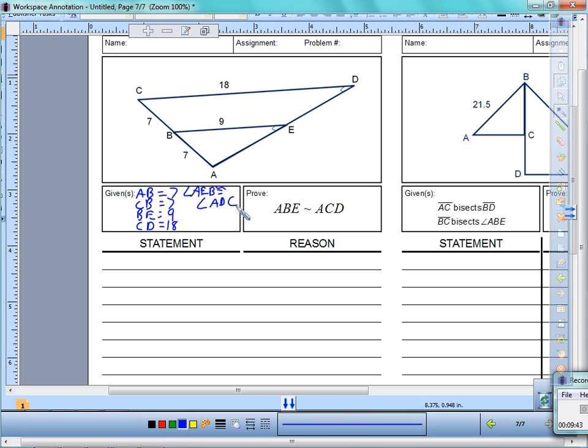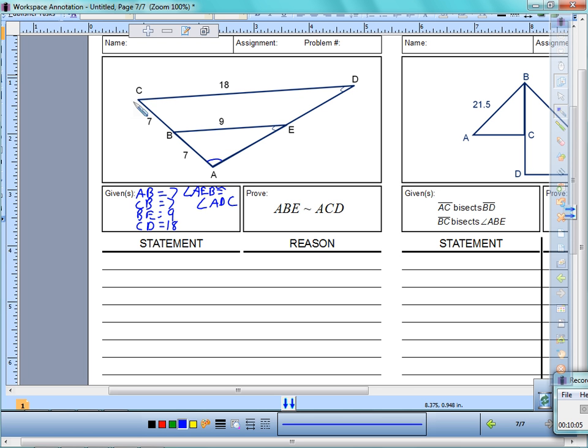Now, if we look at this, we might be tempted to look at side, angle, side and say, you know what? I've got sides and angles. But I can actually make this a lot easier for myself. Because in order for me to prove side angle side, I'd actually have to find these angles here, which I could do, but I'd have to use the third angle theorem.